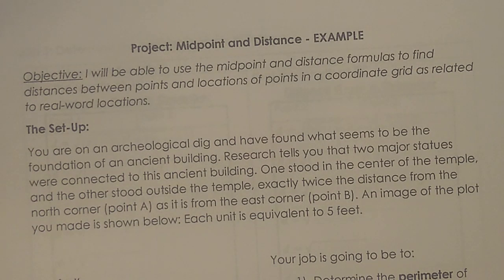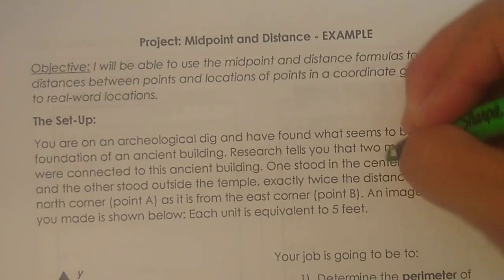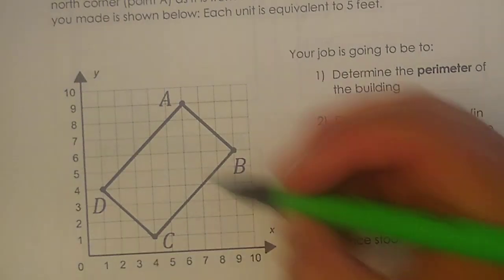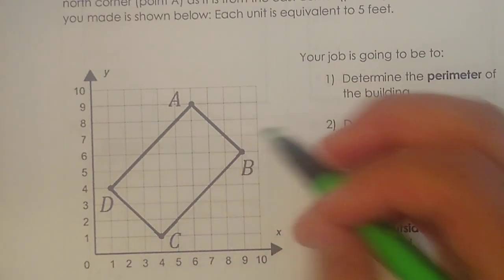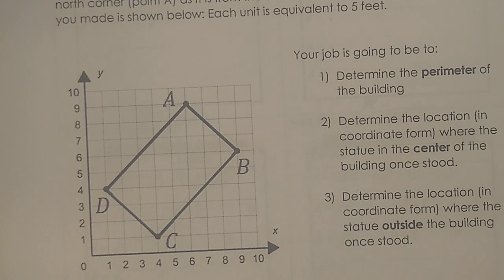So we need to talk about what it is that we need to do. Step one, let's talk about what's important. I know that there's two statues and that one was in the center of the temple. Center is middle, and the middle of my temple here is going to be somewhere in this general vicinity, but I need to find the exact location.